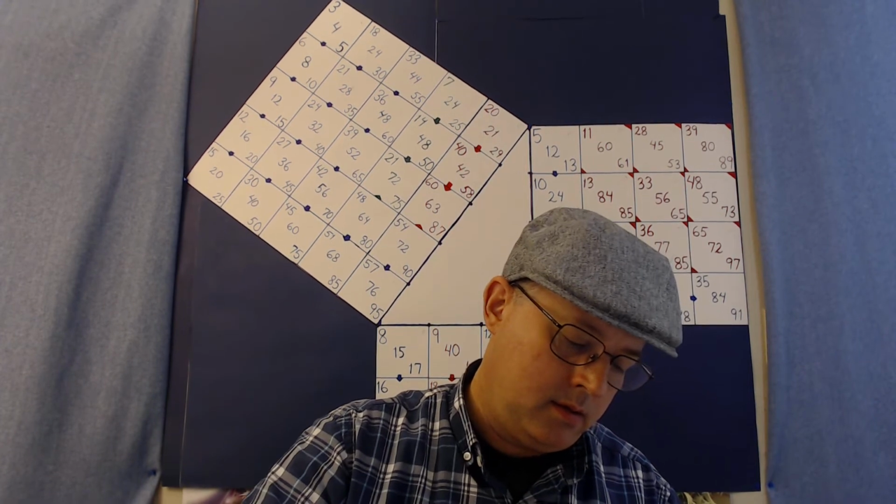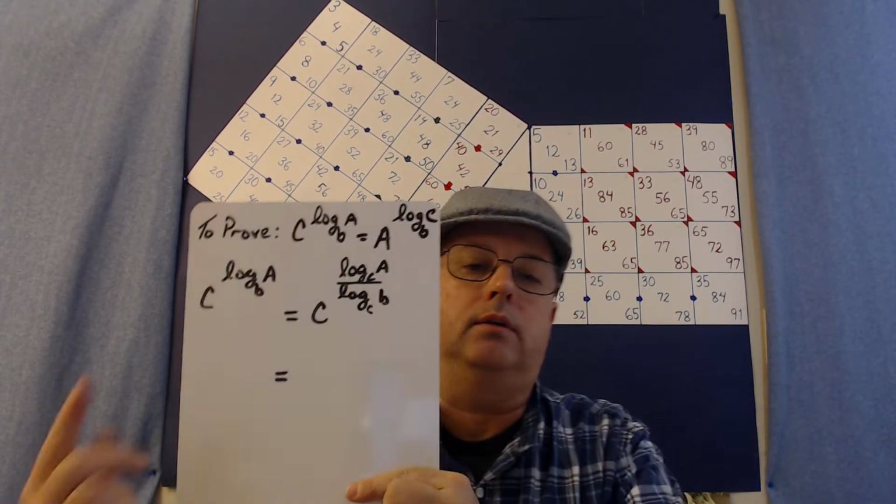Then we are going to separate this fraction so that we have C to the log base C of A times 1 over log base C of B. Oh, hold on, that's supposed to be the denominator.